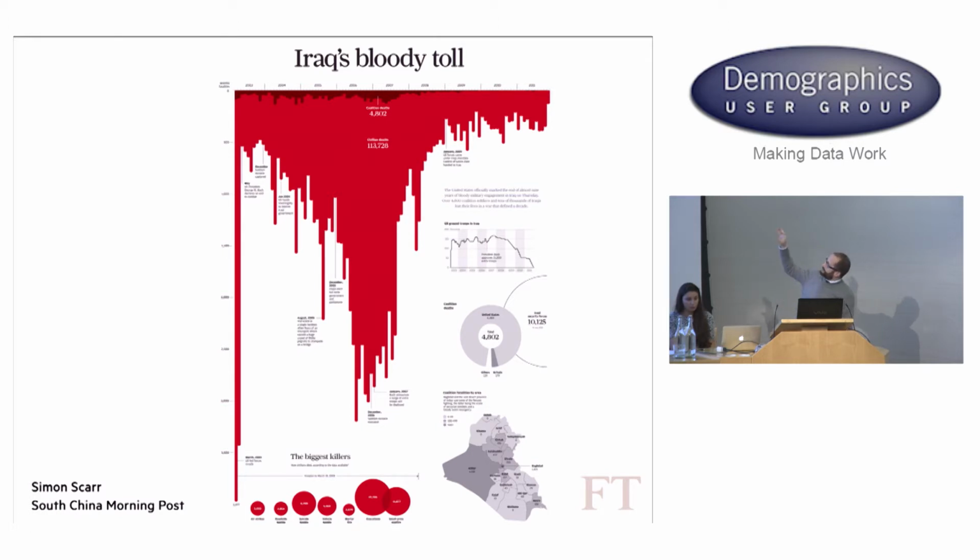And in fact, the interesting thing with this data is if you see the dark red at the very top of the chart, that's the coalition forces deaths. The rest of this red is civilian deaths. So it's a fairly powerful graphic in the same sort of vein as Minard.